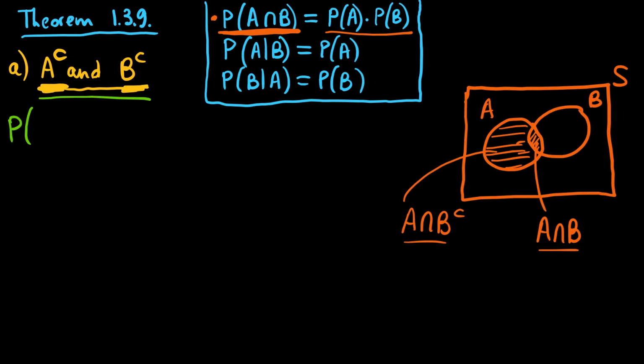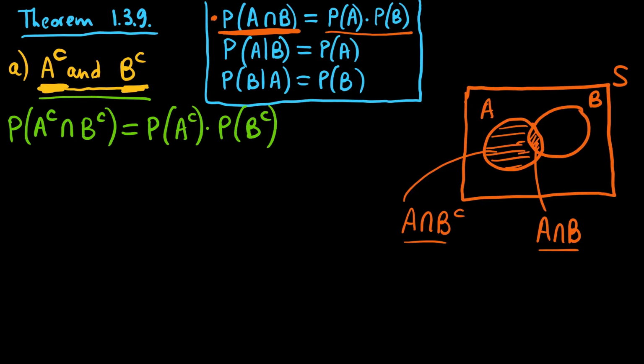We're trying to show that these two are statistically independent. It means that the probability of their intersection must factor. So this is the expression we're interested in, and this is what we got. Let's see if we can build a bridge between those two.